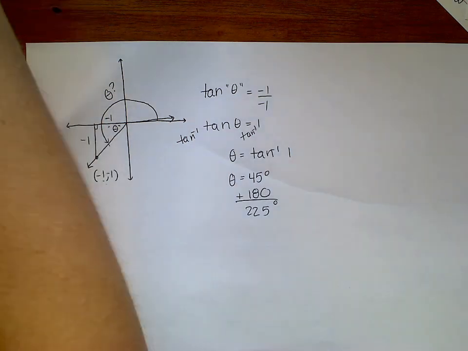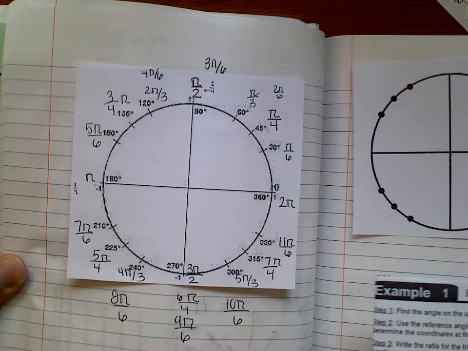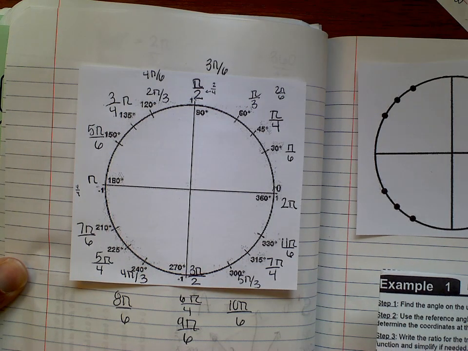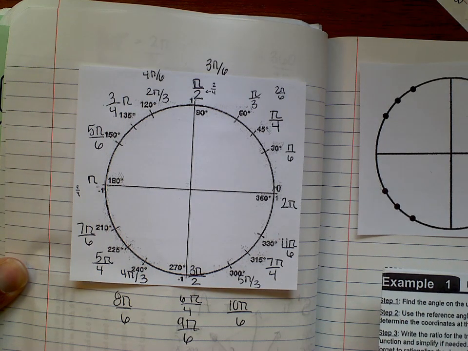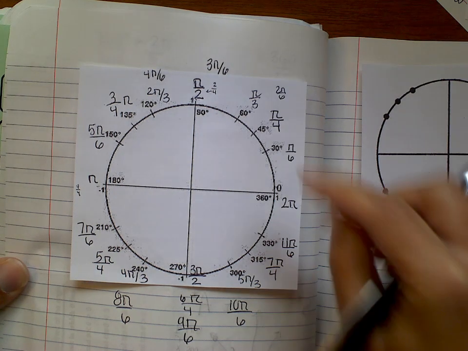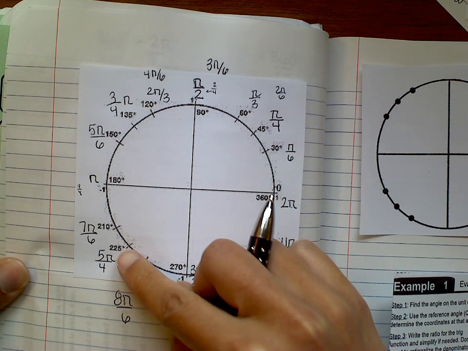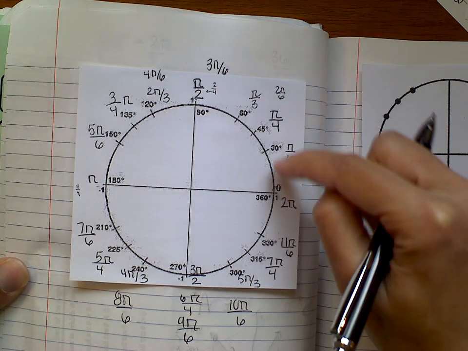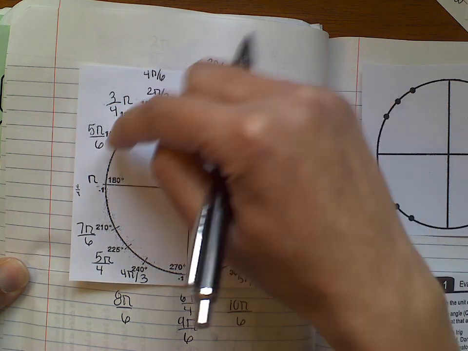I had this whole fun circle for you, and really all those measures are super important because they all refer back to those special triangles, the 45-45-90s and the 30-60-90s.